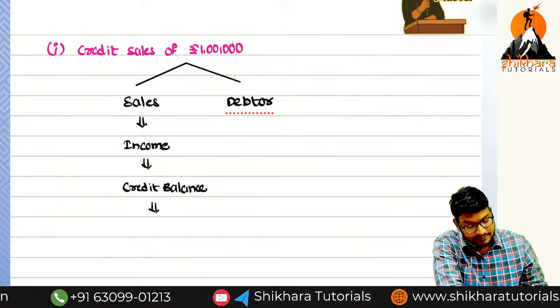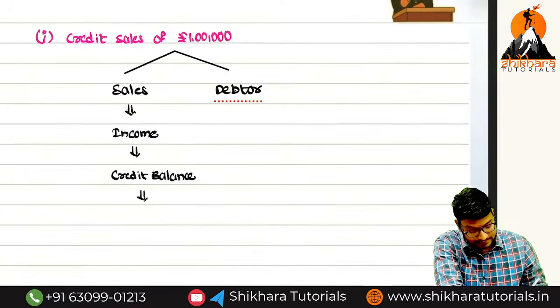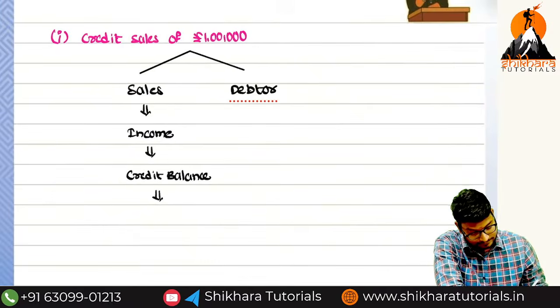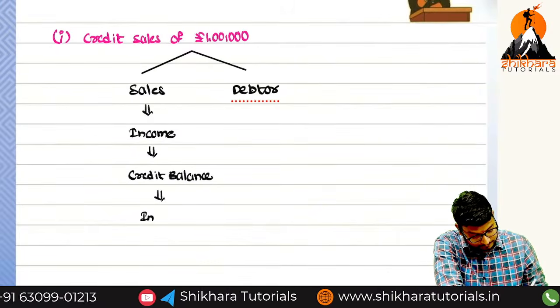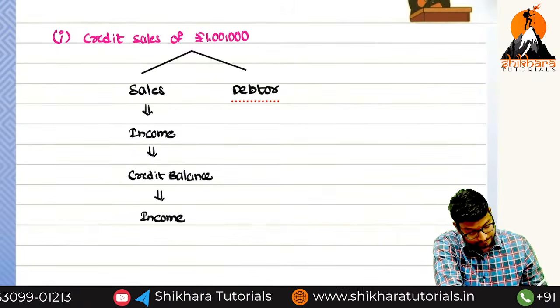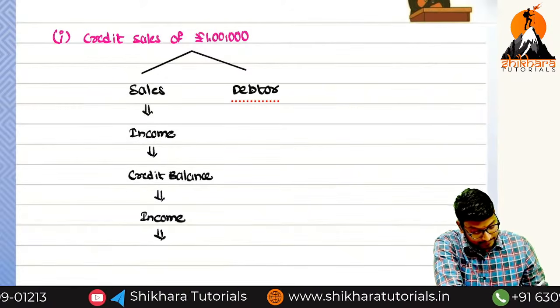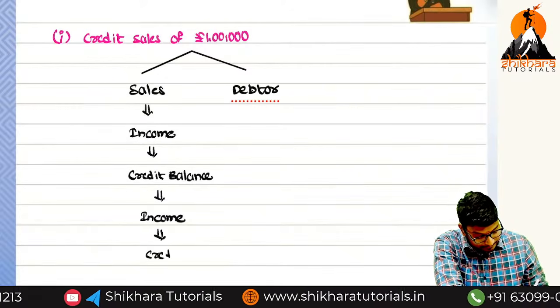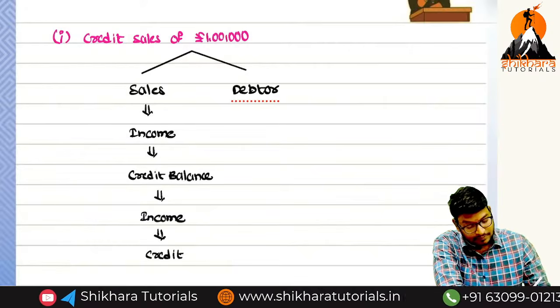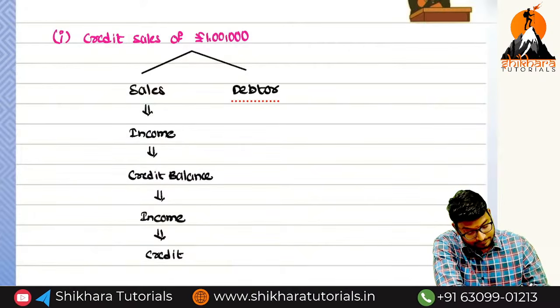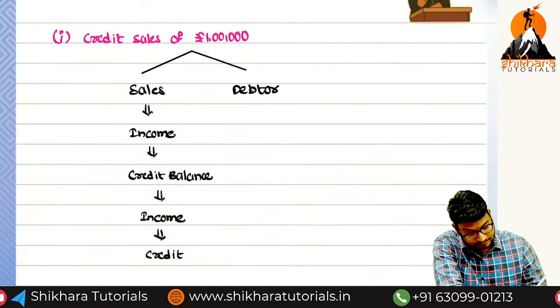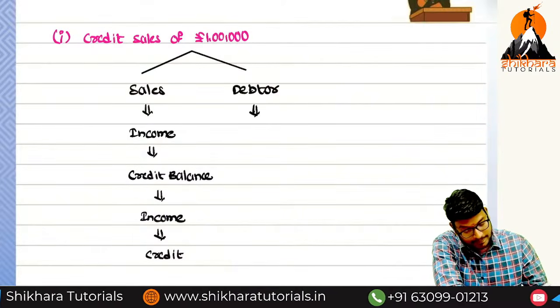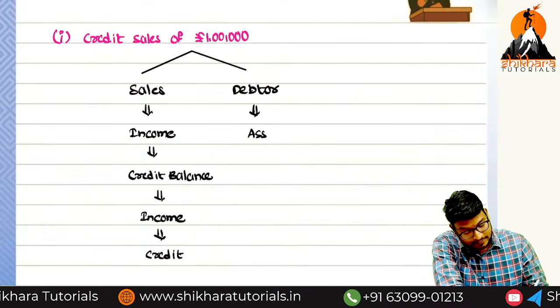So always income increases or decreases? Income increases. So what do we need to write? Credit. Now when coming to the debtor, asset or liability? Asset.